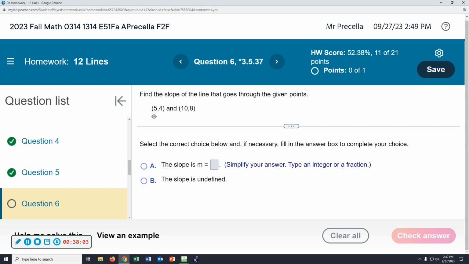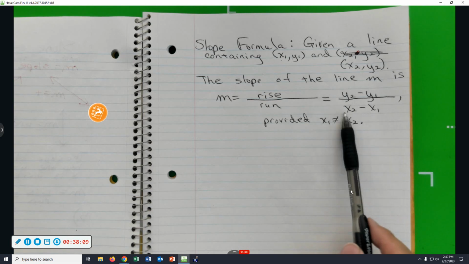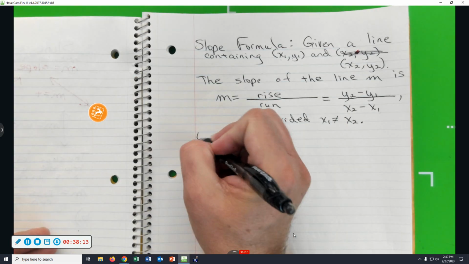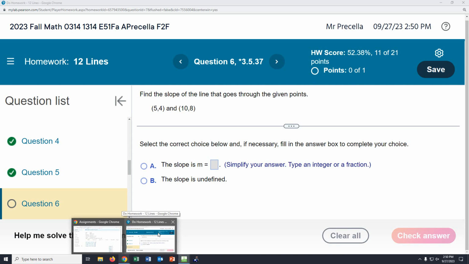So, did y'all get that written down? Tony's already switched over. The important thing is this: y2 minus y1 over x2 minus x1. So, number 6. Find the slope of the line that goes through the given points, the ordered pairs 5, 4, and 10, 8.